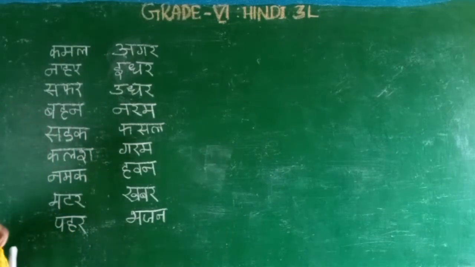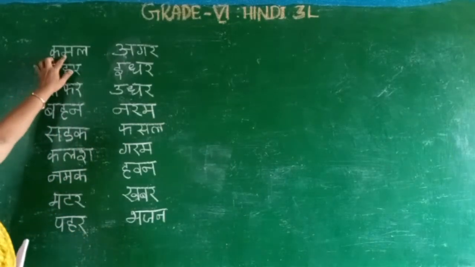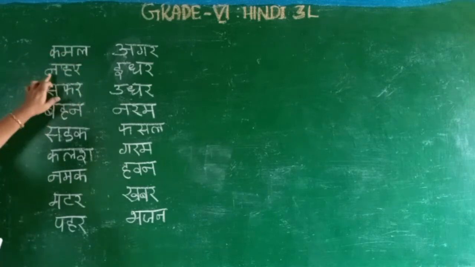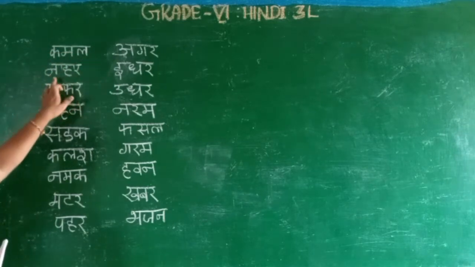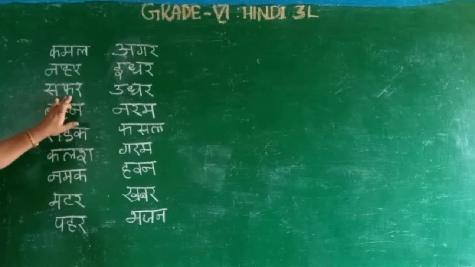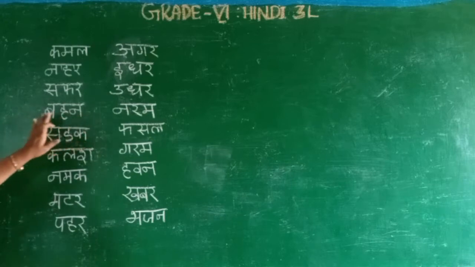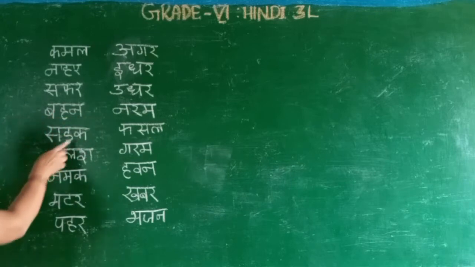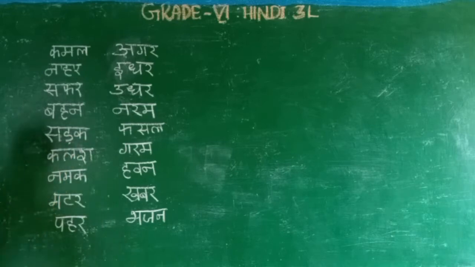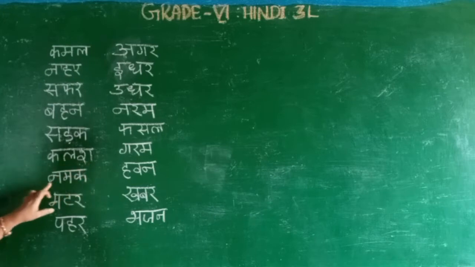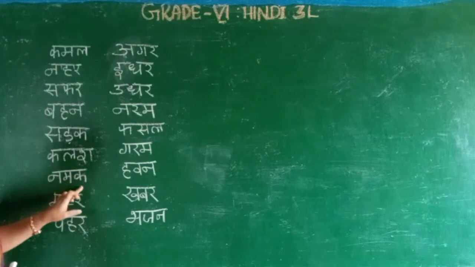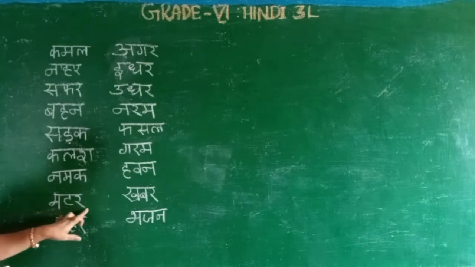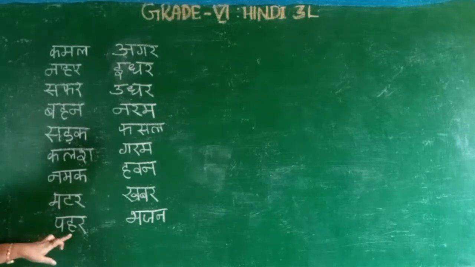Once again I will read these words. Ka, ma, la, kamal. Na, ha, ra, nahar. Sa, fa, ra, safar. Ba, ha, na, bahan. Sa, da, ka, sadak. Ka, la, sa, kalas. Na, ma, ka, namak. Ma, ta, ra, matar. Pa, ha, ra, pahar.